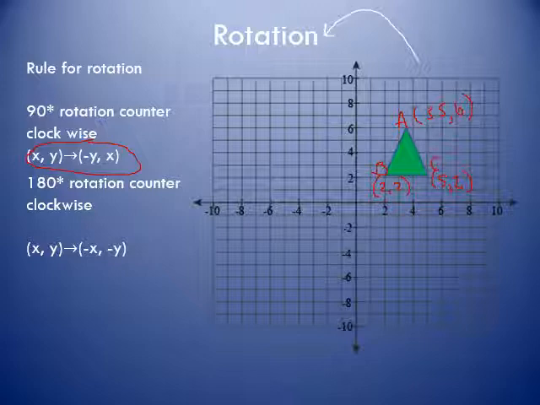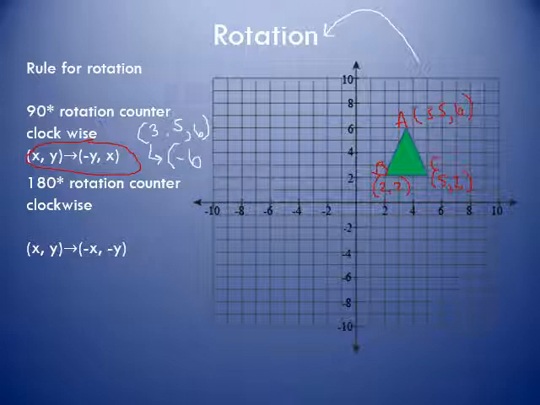So the rule for this one is a little backwards. So let's do A first. If you start in 3.5, 6, okay, you're going to take the Y and it replaces the X, and then change the sign.